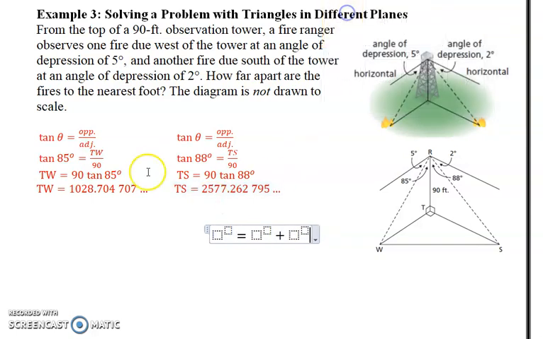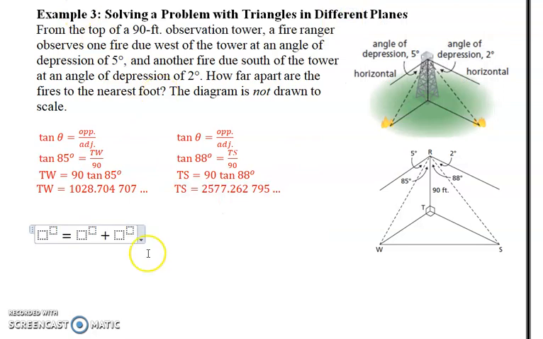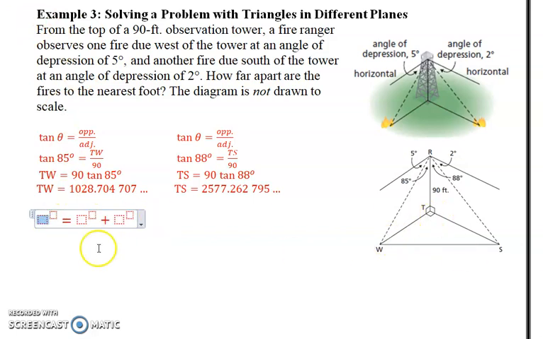WS is the hypotenuse, so WS squared is equal to TW squared plus TS squared. That's the Pythagorean theorem: the hypotenuse squared equals each of the other sides squared and added together.